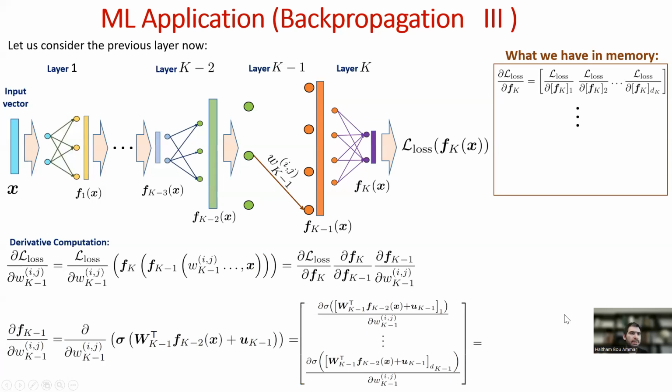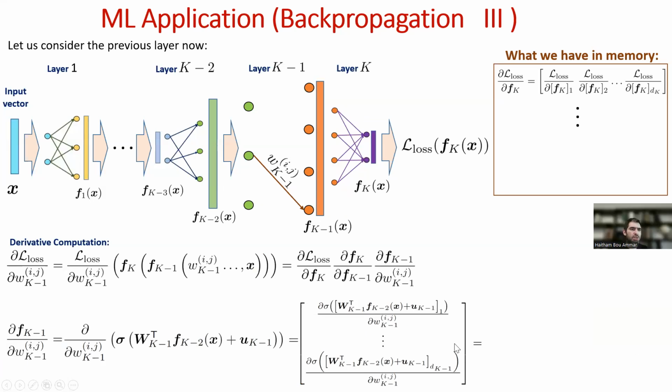Following exactly the same strategy, we arrive at a similar expression. The only difference is that instead of k-1, we now have k-2, and the reason we have zeros is exactly the same: there will be only one component in that vector that depends on this w_ij^(k-1), and this is exactly that component. All others will be zeros.